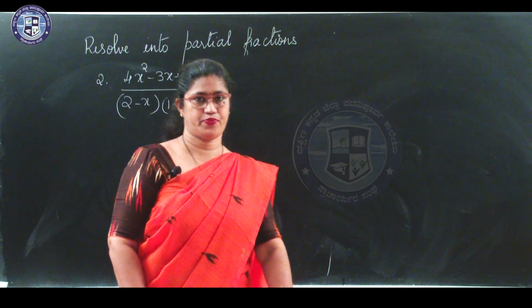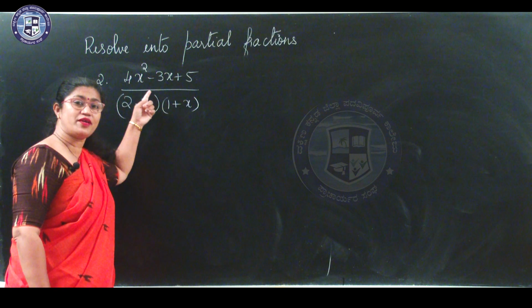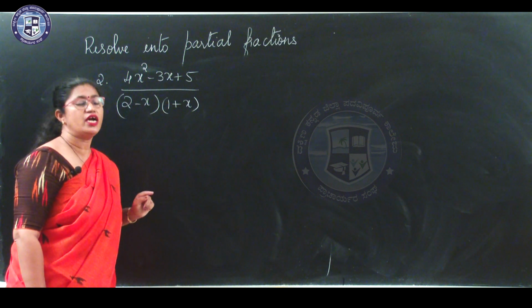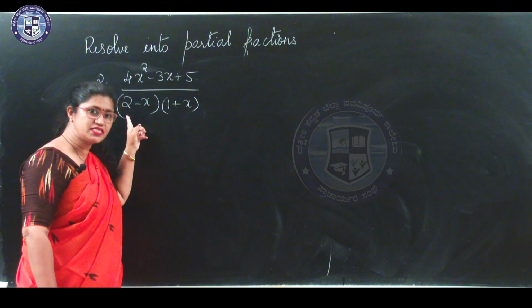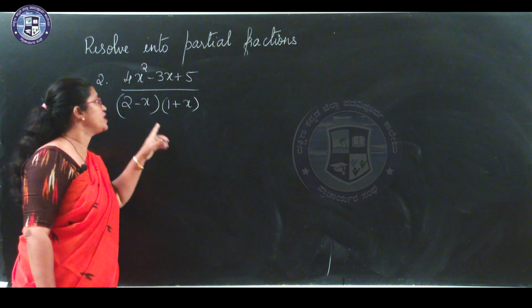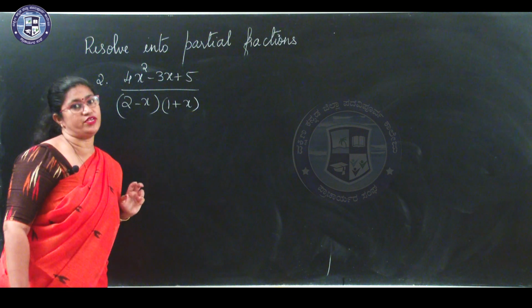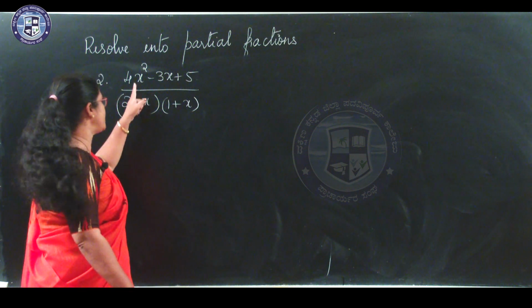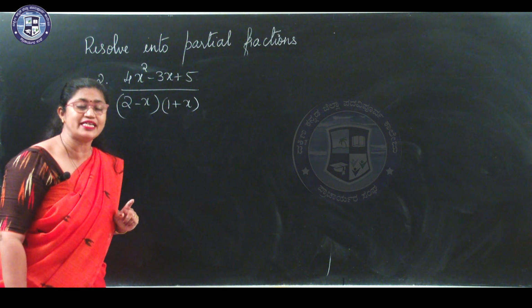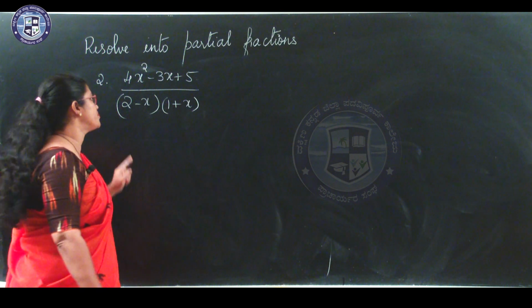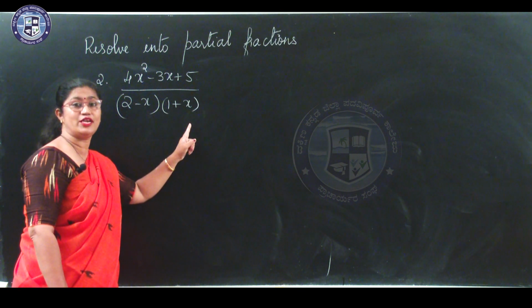Question 2: 4x square minus 3x plus 5 divided by 2 minus x into 1 plus x. Look at this fraction. What is the degree of the numerator? The highest power of x is 2. So you can see that the degree of the numerator is 2. Now, what about the degree of the denominator?